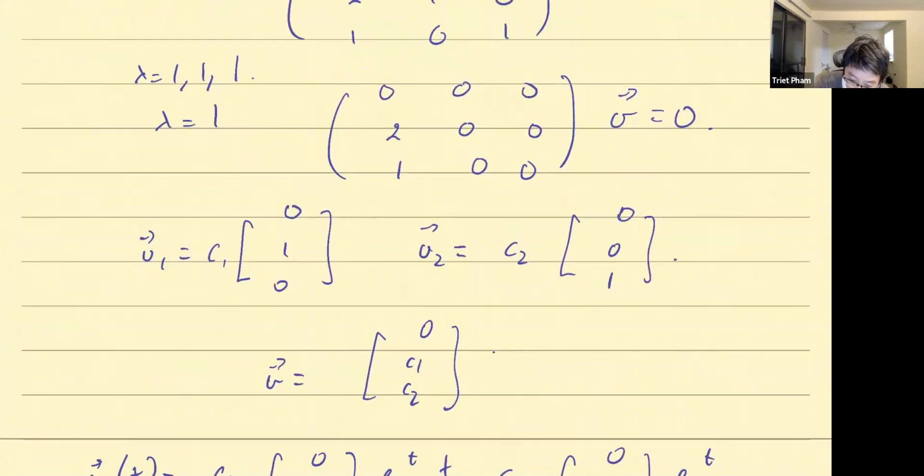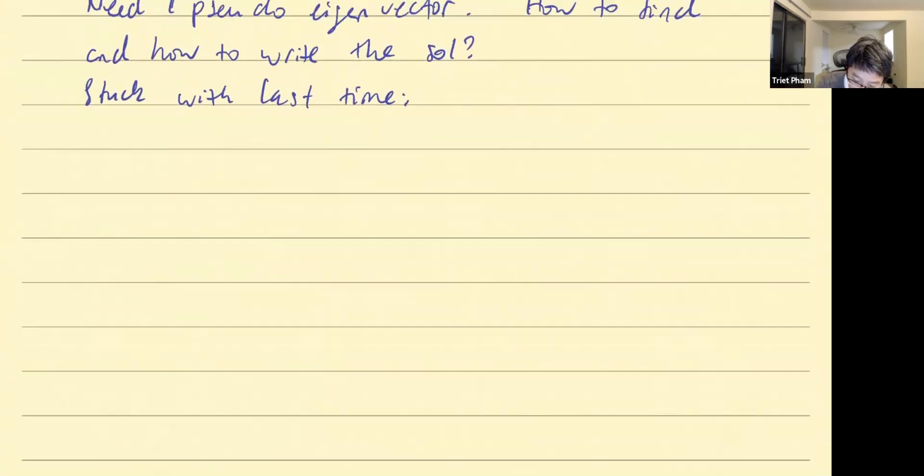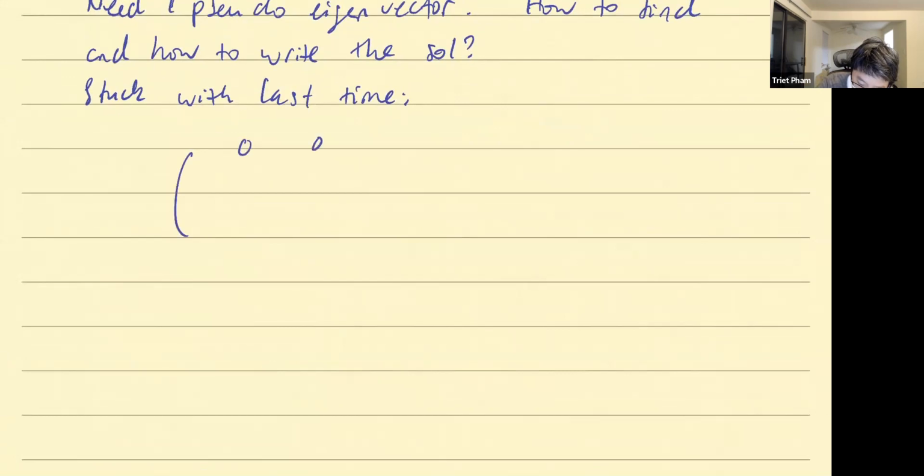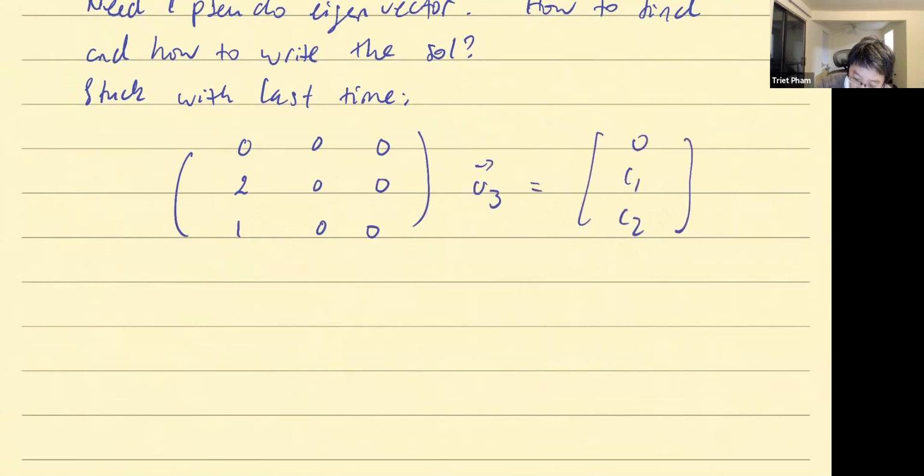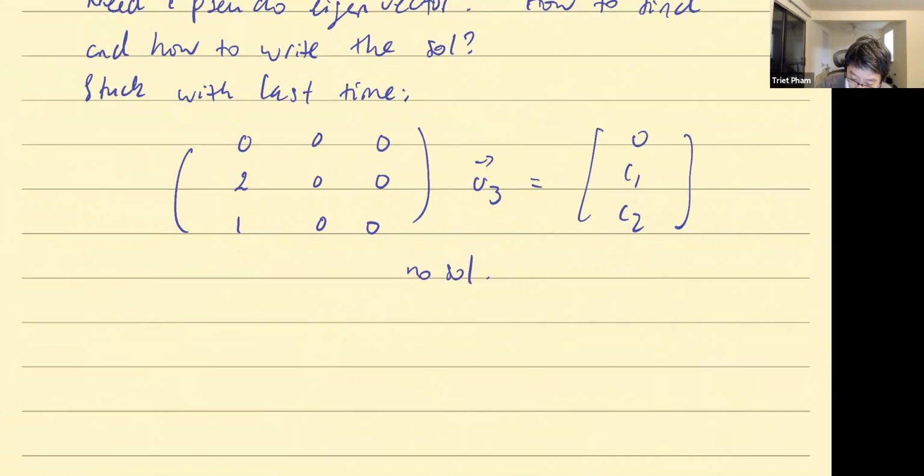When you look at this, and this is our general eigenvector, when you do this, 0, 0, 0, 2, 0, 0, 1, 0, 0, times V3 equals 0, C1, C2, you can see this has no solution, because 2 times something is C1 and 1 times that something is C2. It has no solution.